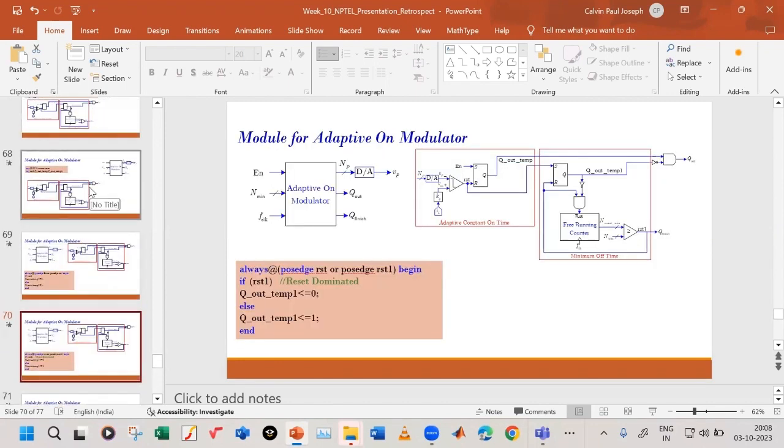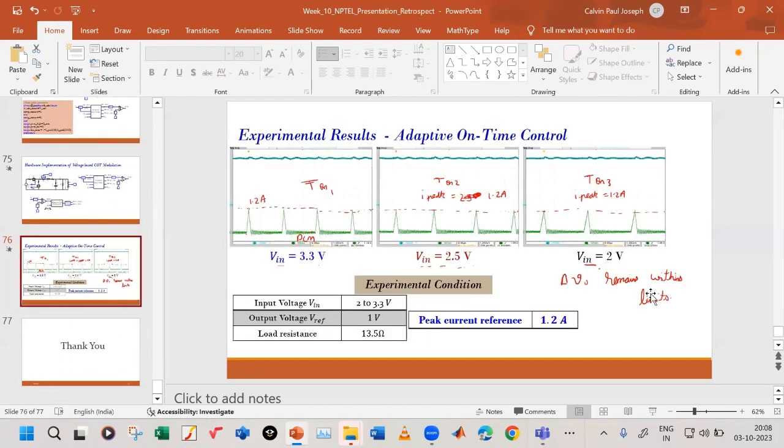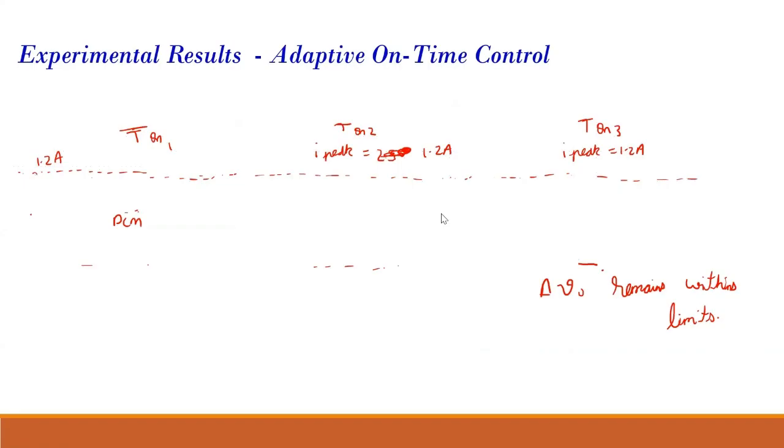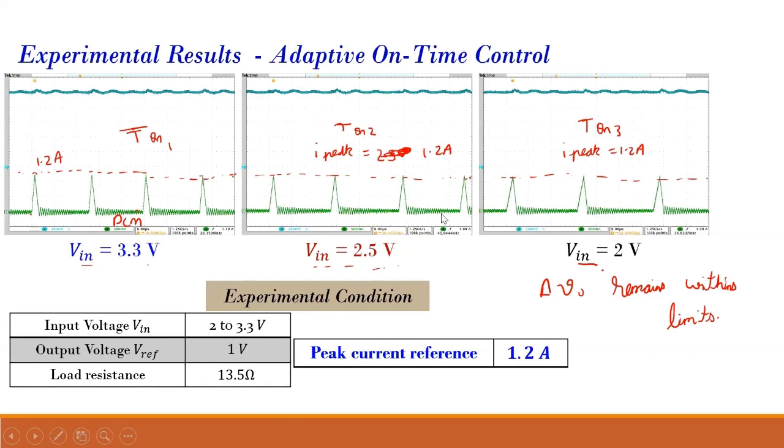Sir, at light load, the switching frequency can be increased simultaneously, and the output voltage can also be within the limits. At light load, adaptively, I'm reducing the switching frequency, but I'm also simultaneously maintaining the output voltage ripple.